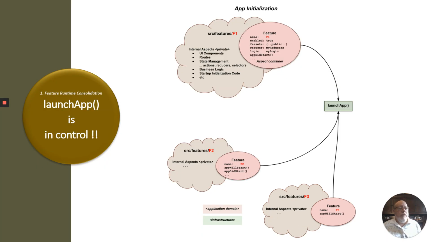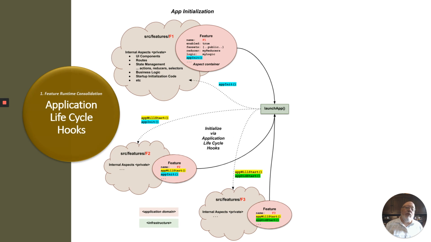So if you think about it, it's in a very prime spot to introduce application lifecycle hooks. Now these are merely callbacks into your feature that allow it to do whatever type of initialization that it deems fit. And there are 3 in total. And I've color-coded them here so you can find them more readily.